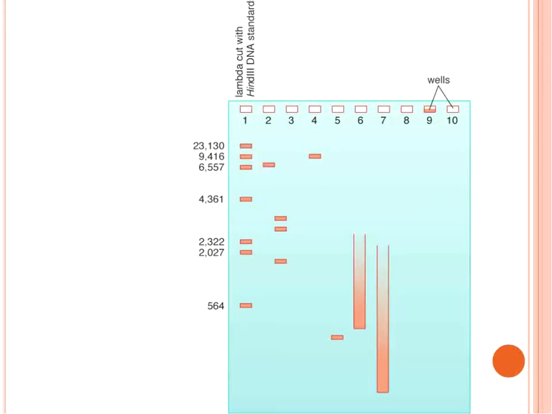And so this is what a gel might look like. Now, whenever you run a gel, you always run a standard with it. So, for example, a very commonly used standard is called lambda DNA. Lambda DNA. What is that about?